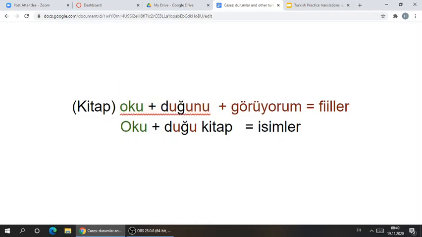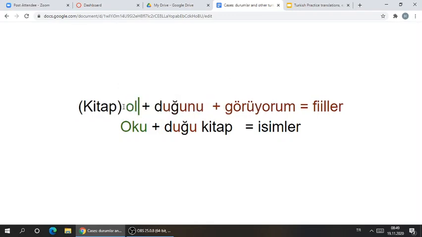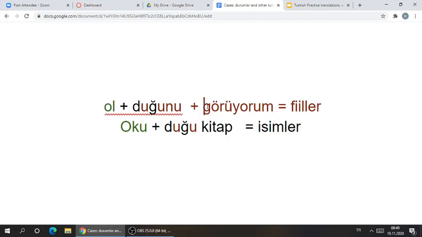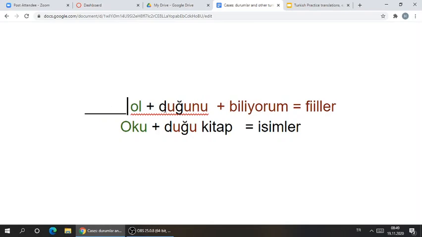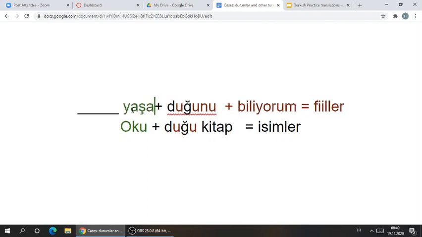So here we could change this to ol, and then we can change this to bil, and there you have it. I know that whatever is here is. So whatever verb is here, you could say yaşa.